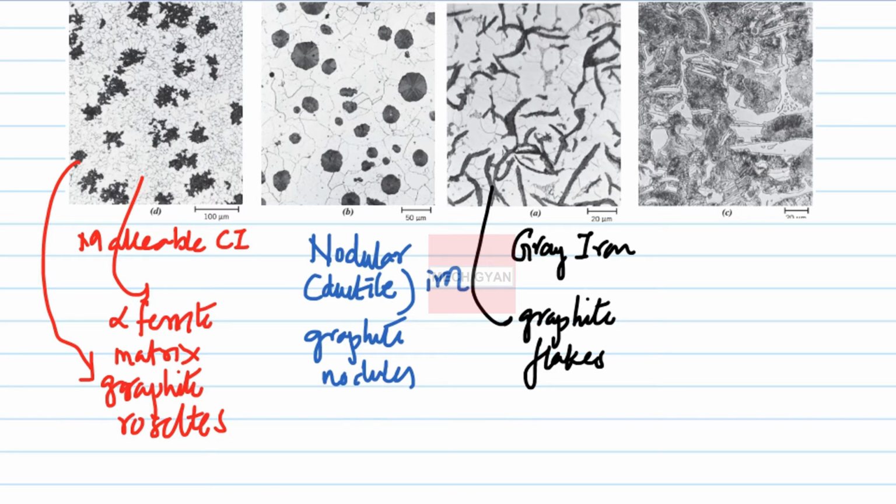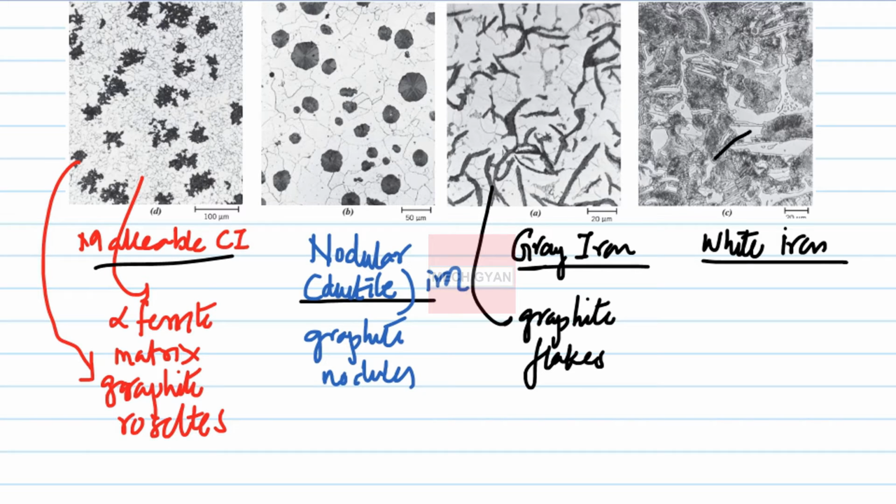And the fourth one is white iron. In white iron, the light regions are basically cementite. The cementite regions are surrounded by pearlite.